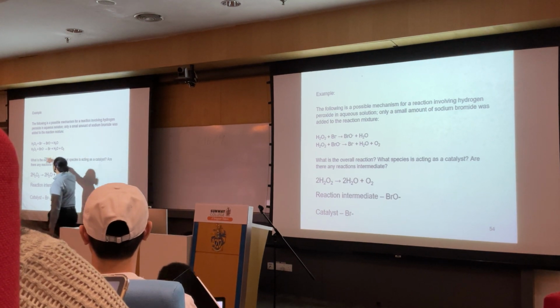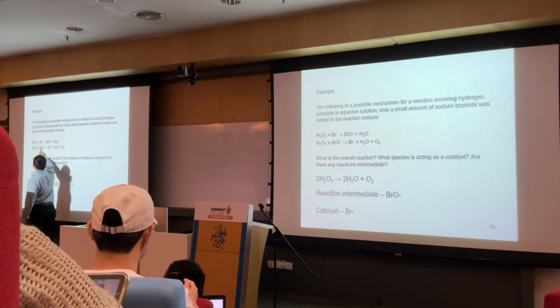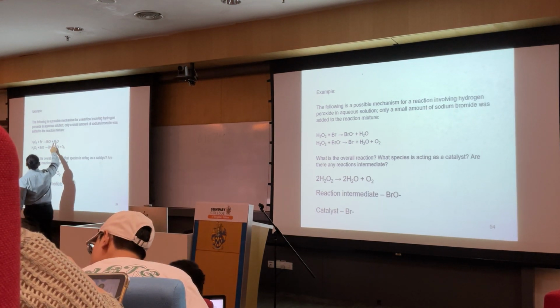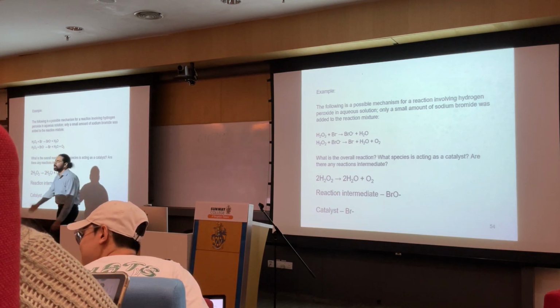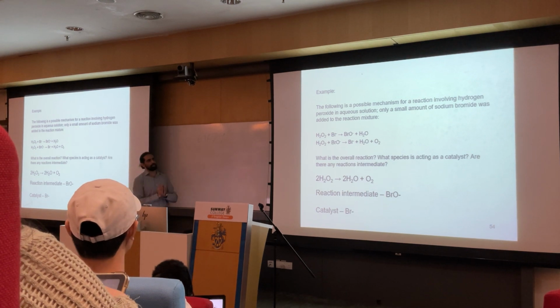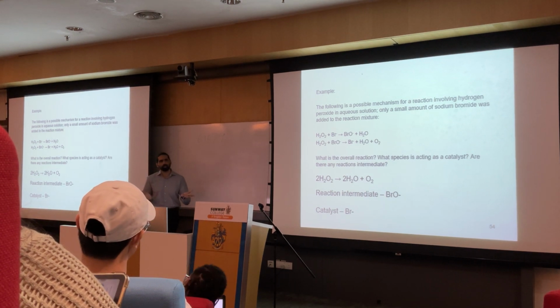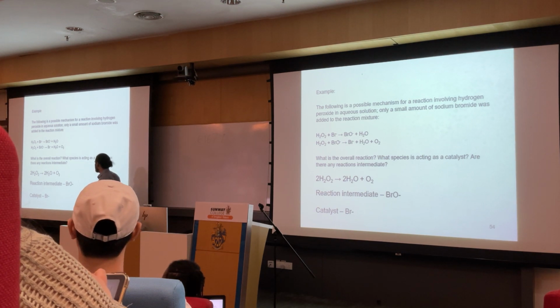Then this bromine cancels this bromine, this bromine oxide cancels this bromine oxide, 1 plus 1, 2 water, this is the overall. So if you are given different steps, you can simply add them as you would algebraically, and hence you will get the overall reaction. Right?